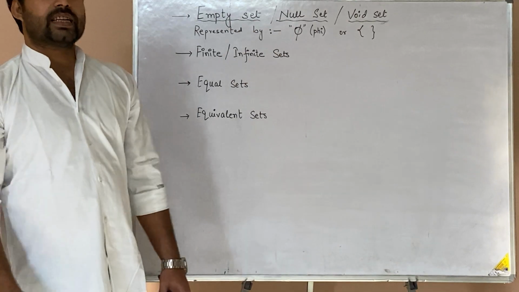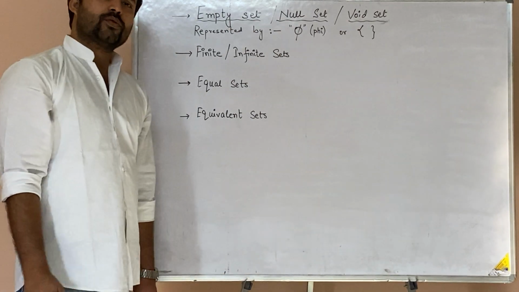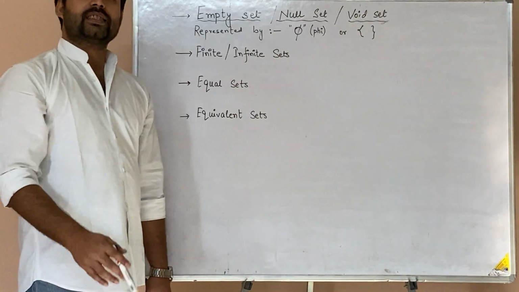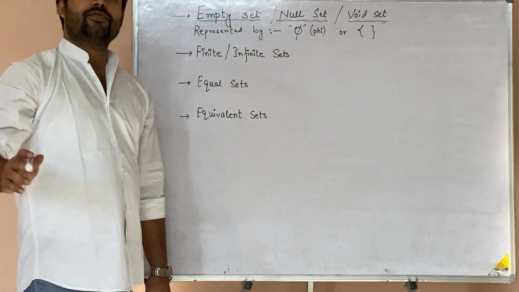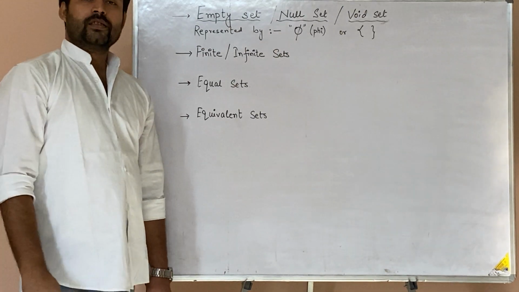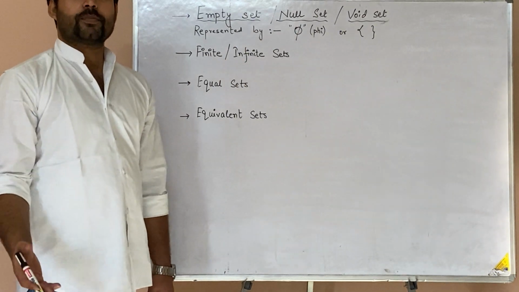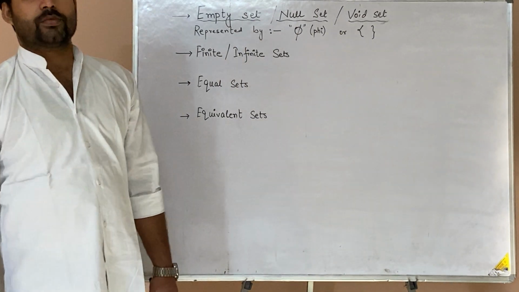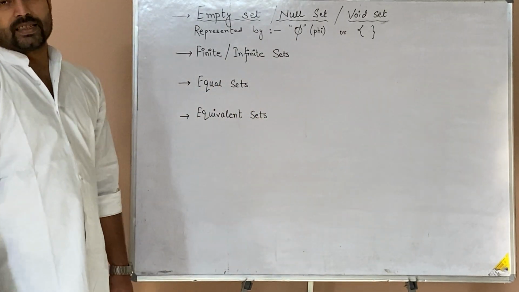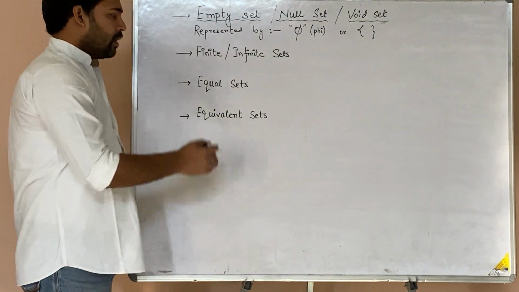Had there been infinite elements, like for example the set of naturals, represented by capital N, with elements 1, 2, 3, 4 till infinity, how many numbers are there? You will not be able to determine it, you will simply say, sir, there are infinite numbers. That is the reason why we call it an infinite set, and finite sets have a finite number of elements.